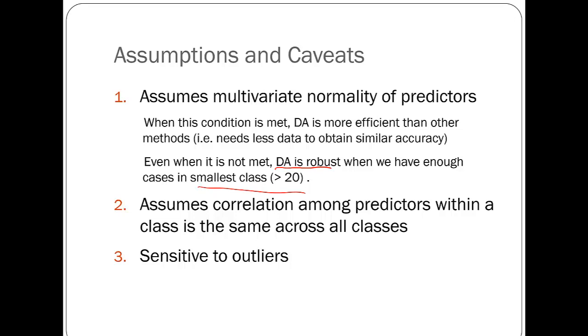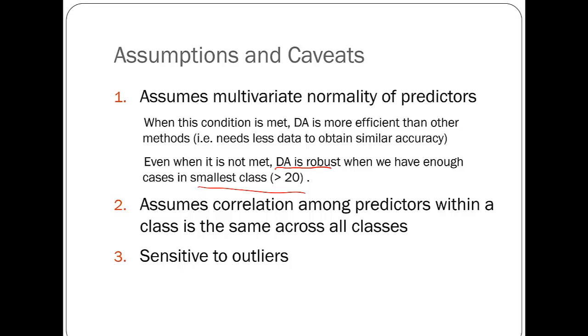Other assumptions are that the correlations among the predictors are the same for the different classes, and there are procedures you can do to deal with that when that's not the case. But finally, if there are outliers, that can cause problems, and so you want to make sure to check for outliers before you do any of this sort of thing, and you can do that by the standard methods that we've looked at previously.